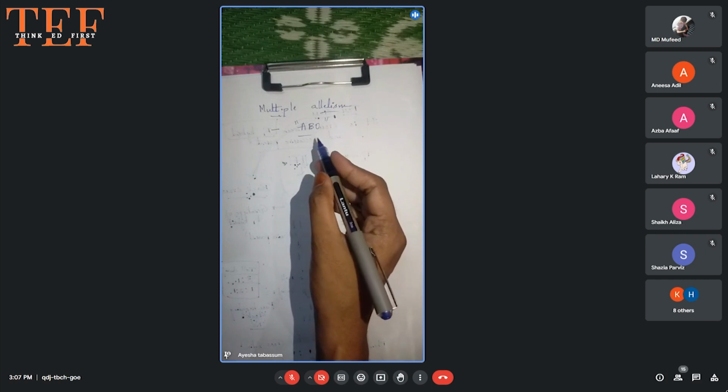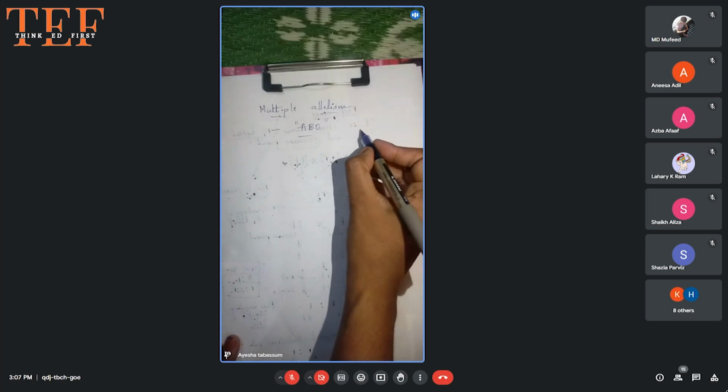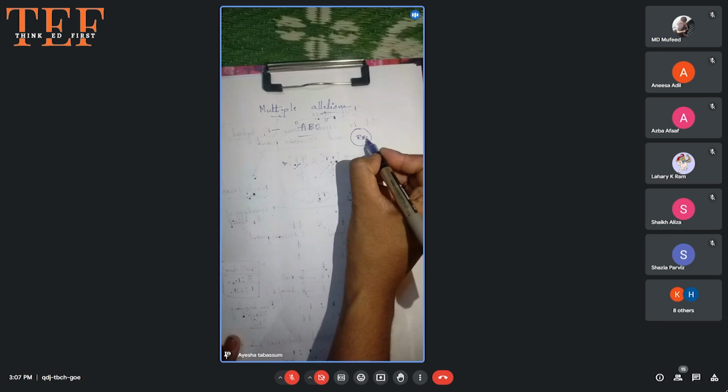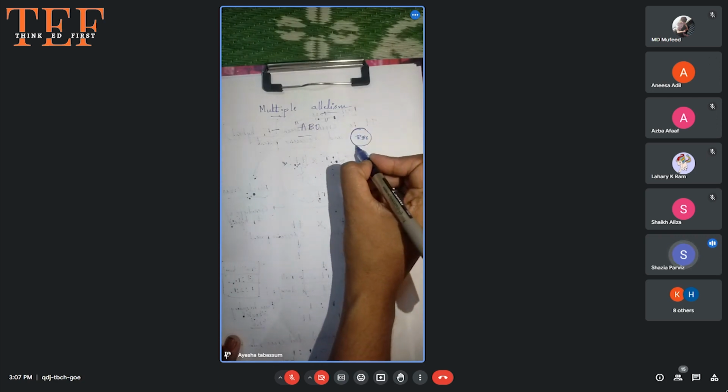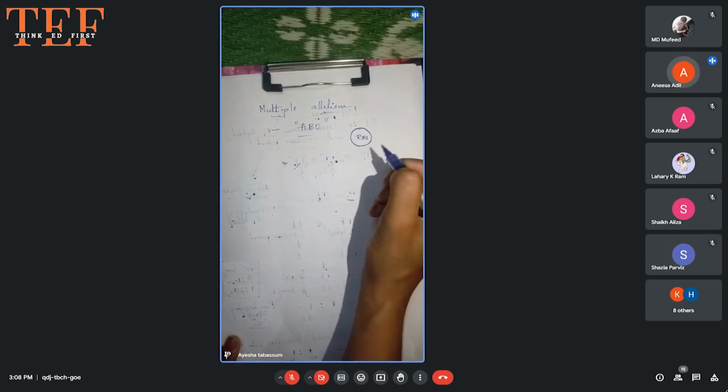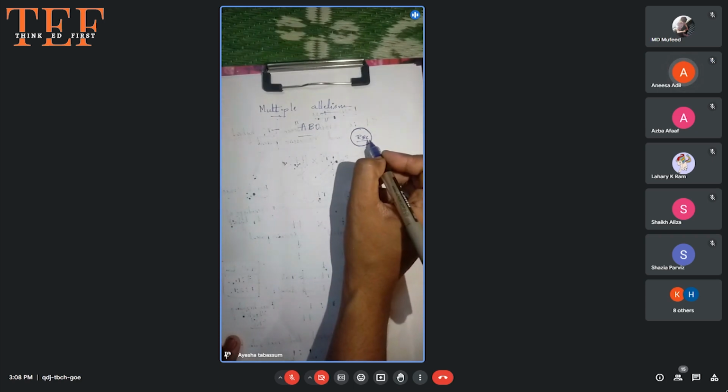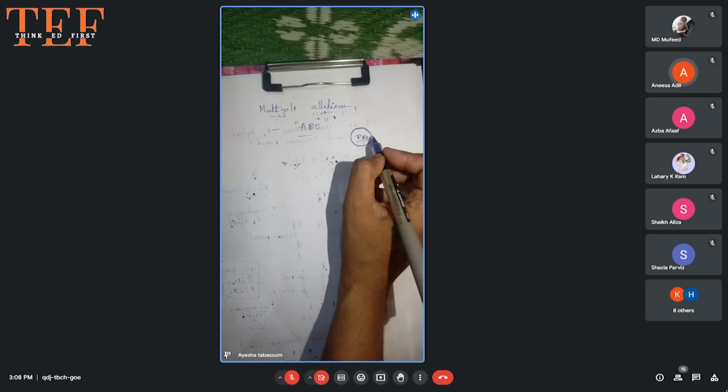Here the blood group is determined basically by the antigen present on the RBC. Suppose this is your RBC. What is RBC? Red blood cells, the red blood corpuscle. On this RBC there is an antigen.